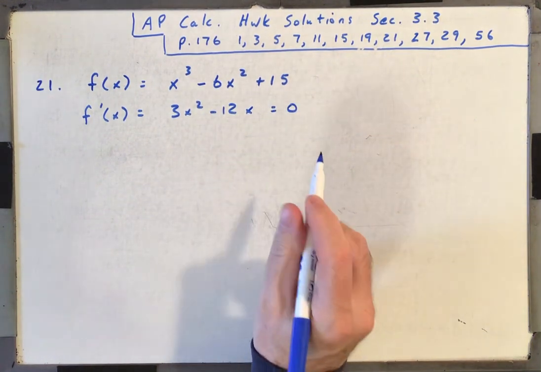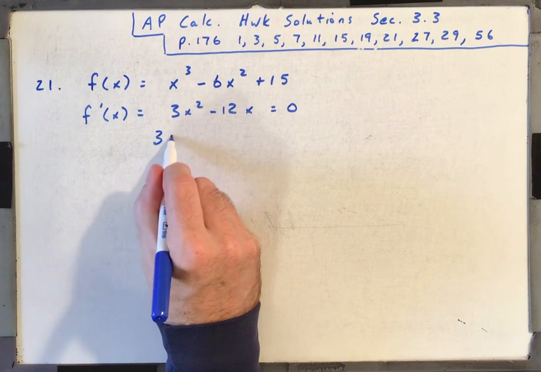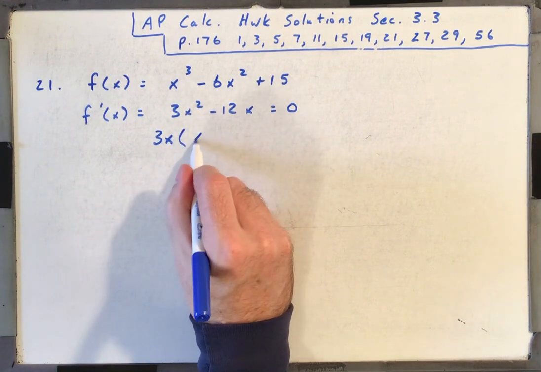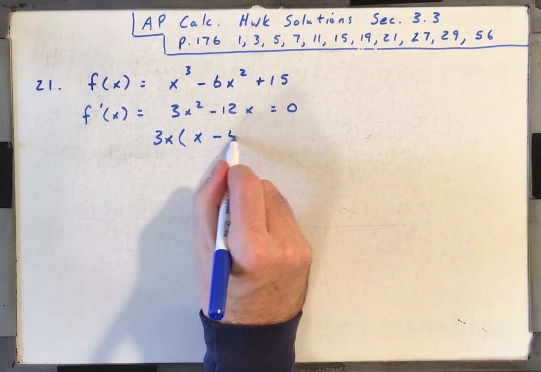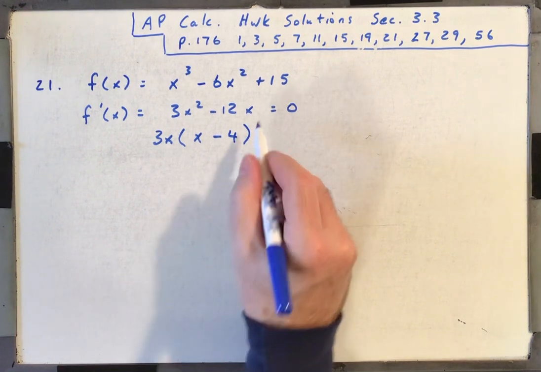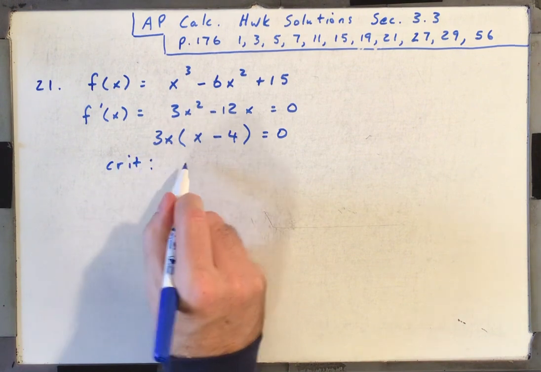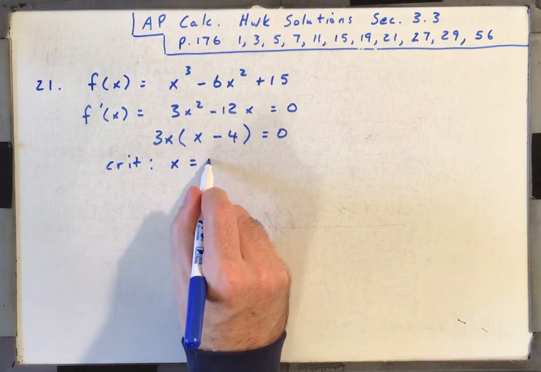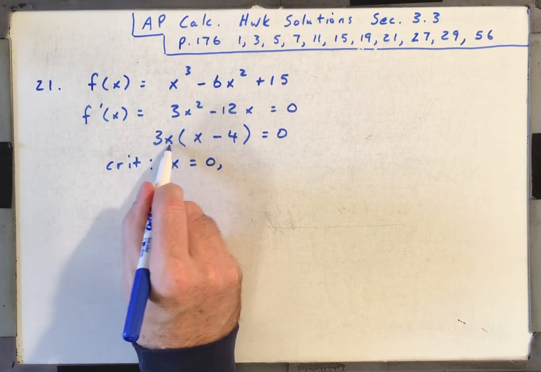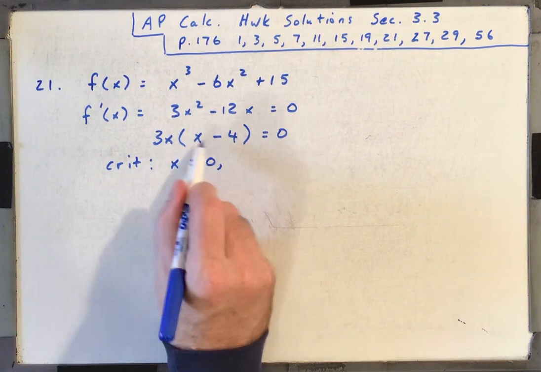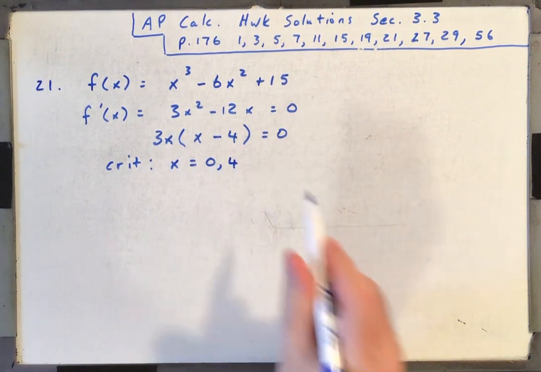Set that equal to 0. I would factor out a 3x, and what's left would be x minus 4 equals 0. So our critical points occur at x equals 0, right? Because you plug a 0 in here, that whole thing's going to be 0, and then also 4.